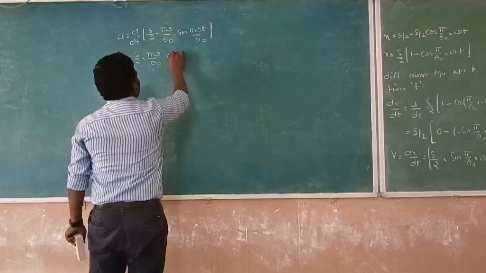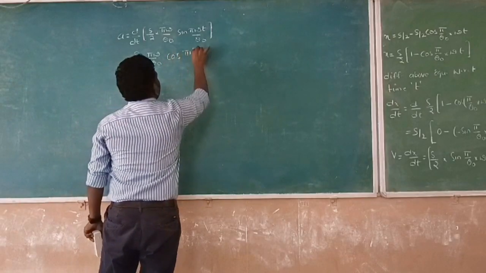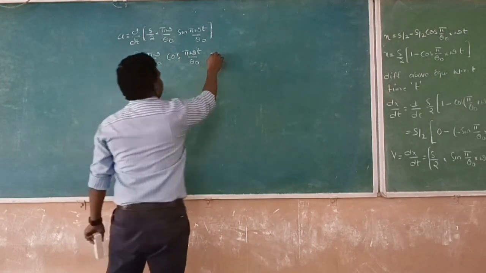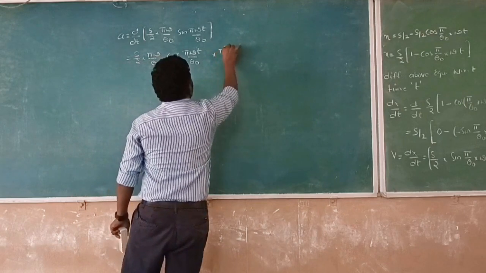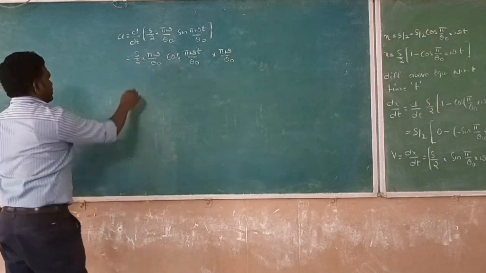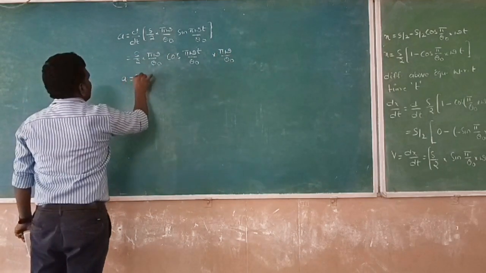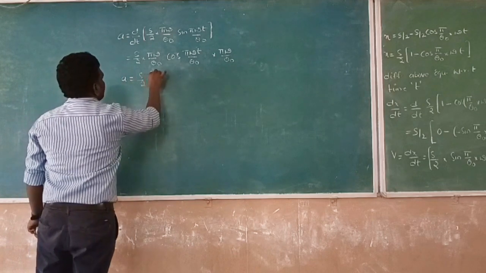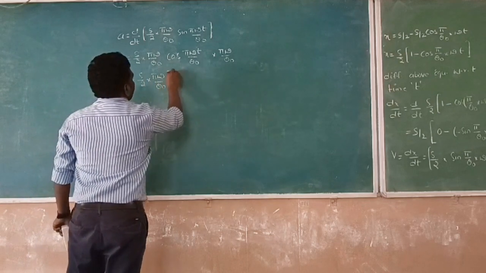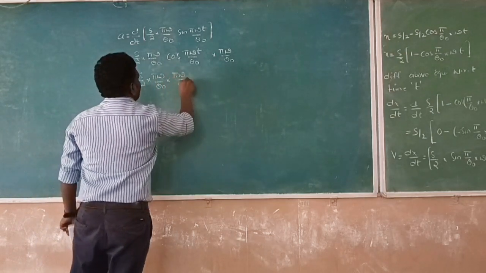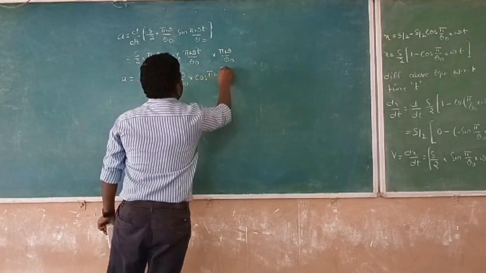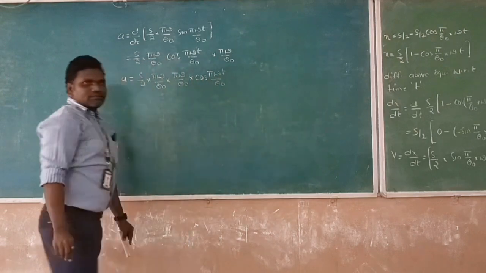So cos of πωt/θ₀, differentiating gives πω/θ₀. So acceleration a is equal to (s/2) × (πω/θ₀) × (πω/θ₀) × cos(πωt/θ₀).